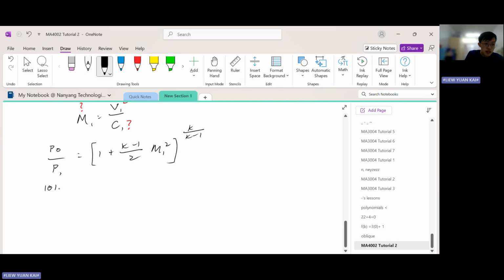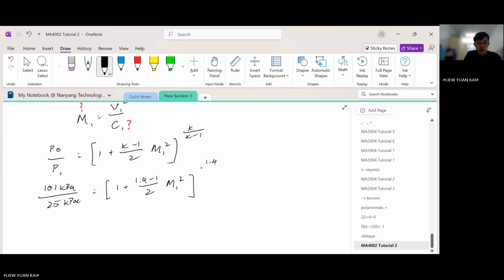So 101 kPa over 25 kPa equals 1 plus, okay, so for air, K is 1.4. M1 is the unknown we want to find. Okay, so you see, M1 is our only unknown, right?